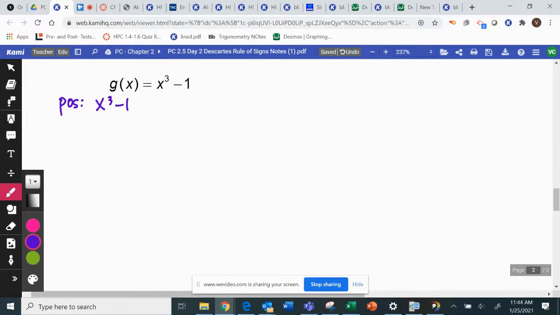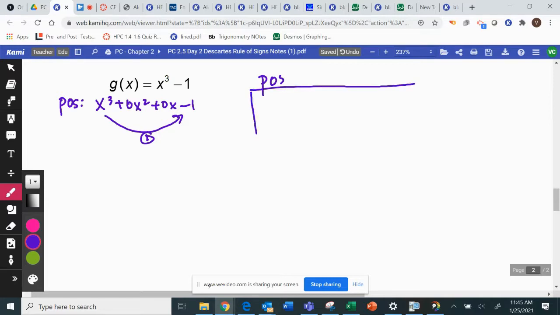If I put the zeros in, zeros aren't sign changes. So if you actually put the zeros in to do this, you're not wasting your time, but you're kind of wasting your time because they don't count for sign changes. This is positive and this is negative. There's 1 sign change. So we've got maximum for positives, 1.